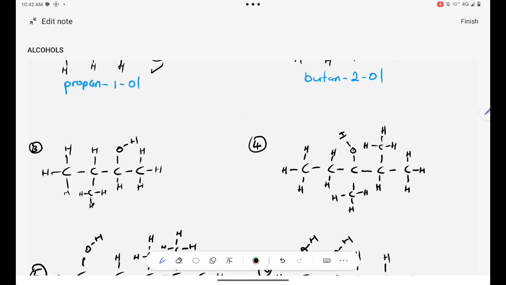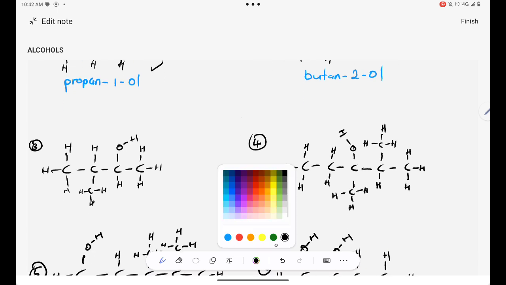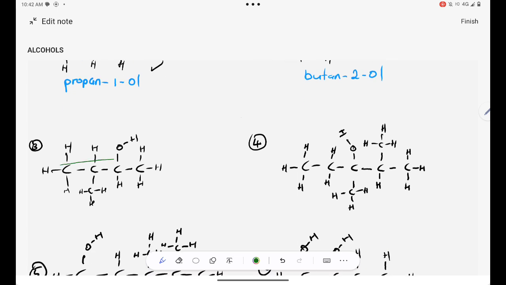Okay. Now let's go to the third one. Yes, this is my parent chain. I need to number my carbons from the terminal which is closer to the functional group. This will be carbon number 1, 2, 3, and 4. I know that I'm dealing with an alcohol, but my alcohol has an addition. It has a side chain over there. I need to mention the side chain first, and then write down the IUPAC name of my alcohol.